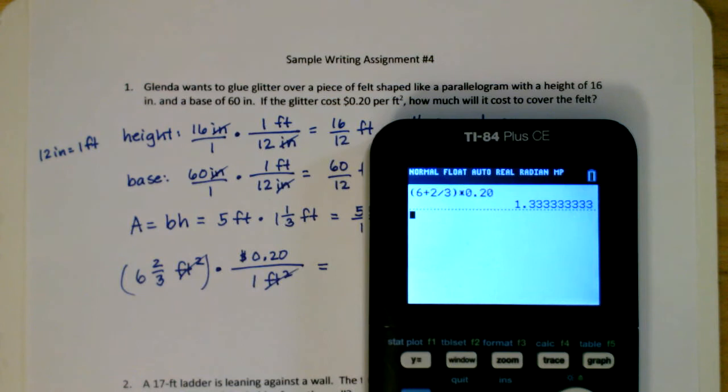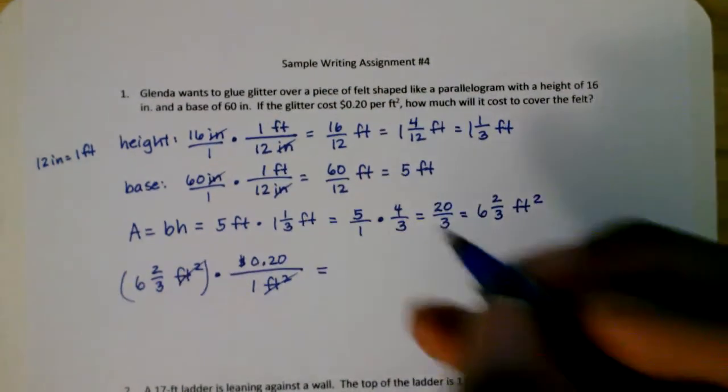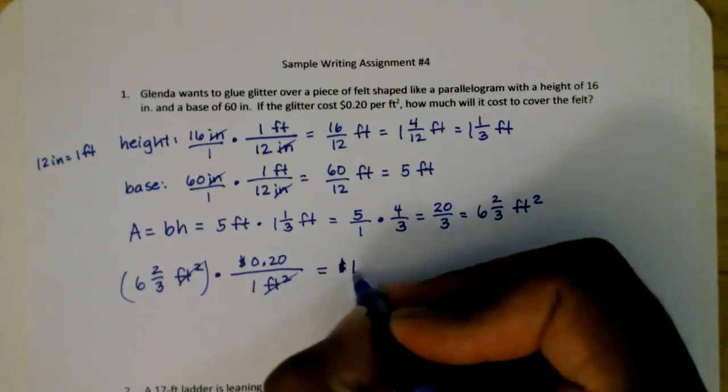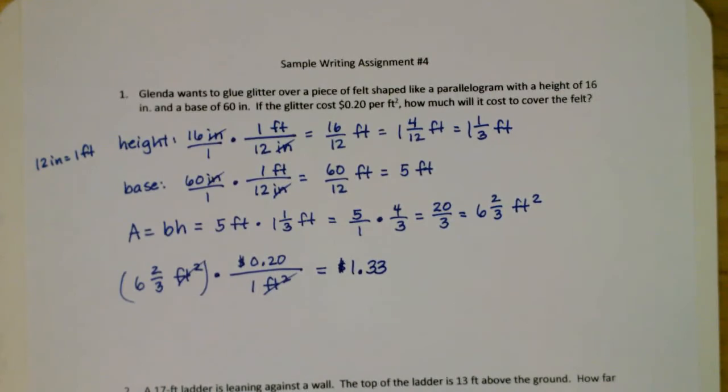Now I'm going to round this off. Since we're done with the cost, we're rounding this off to 2 decimal places. So this will be 1.33. So in other words, it's going to cost $1.33 to cover the felt.